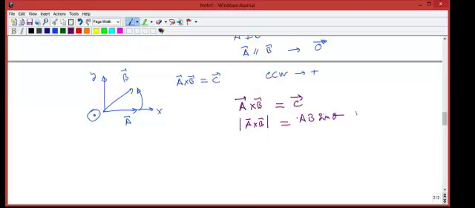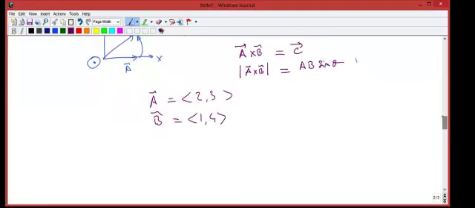Second method, express both vectors in component notation. Let's imagine A is 2 and 3, B is 1 and 4. Cross product, another method which is a little bit long, is we're going to do this.